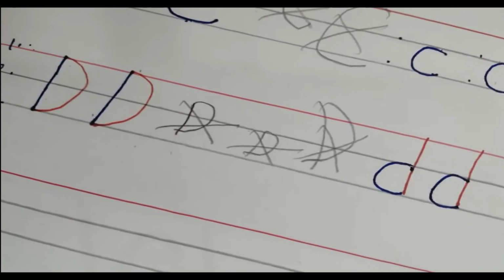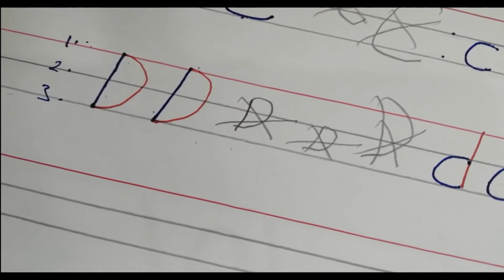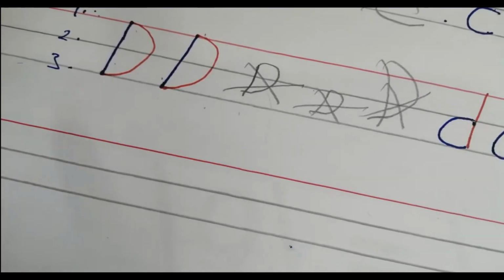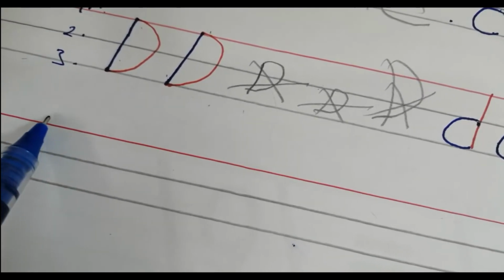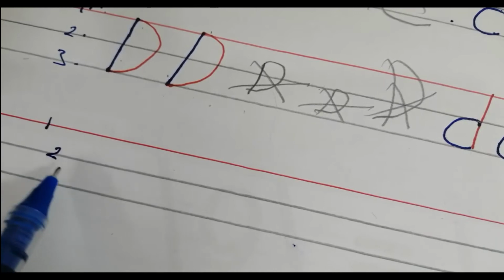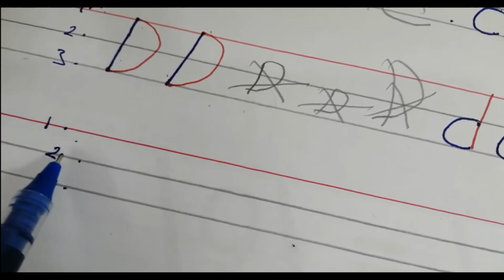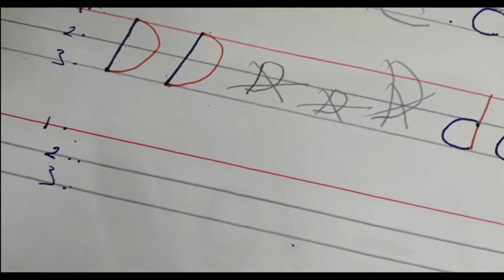Now we go to the next letter, letter E. As usual, we start from line 1, 2, 3, line 2 and 3, line 1, line 2, line 3. Okay.